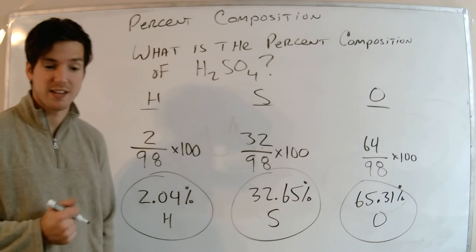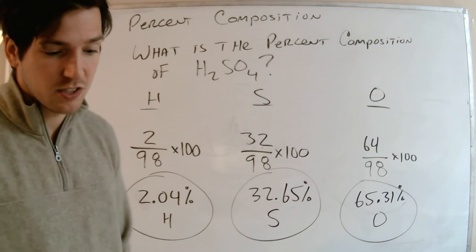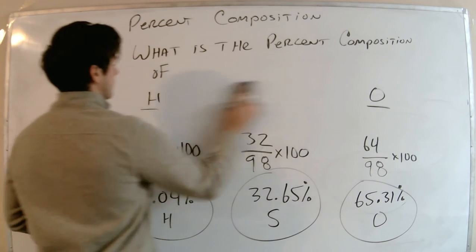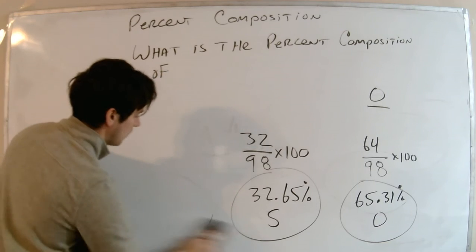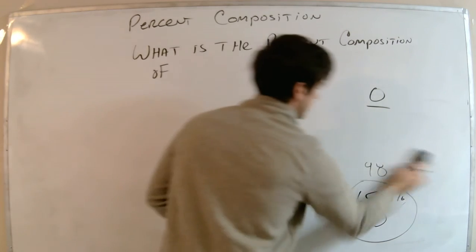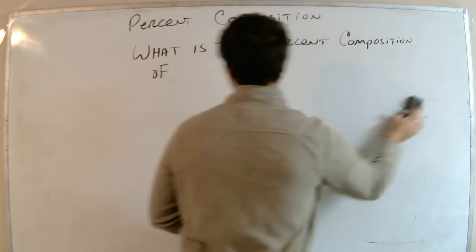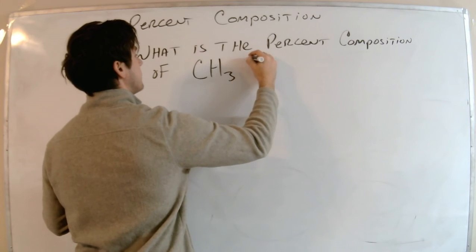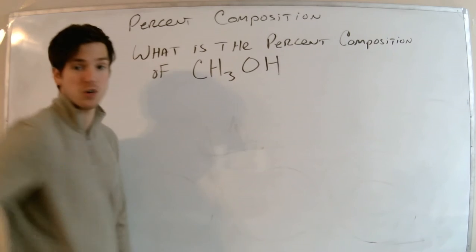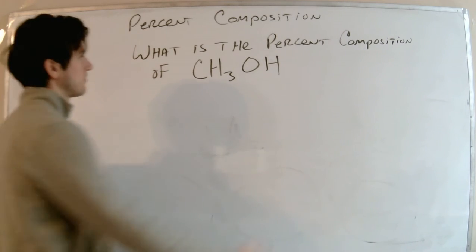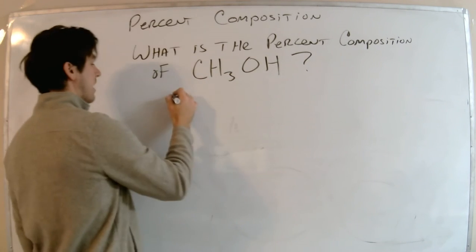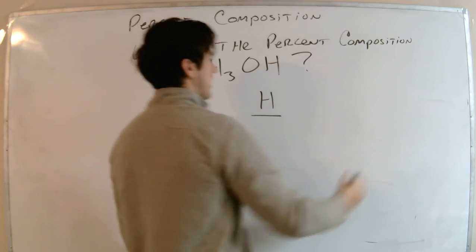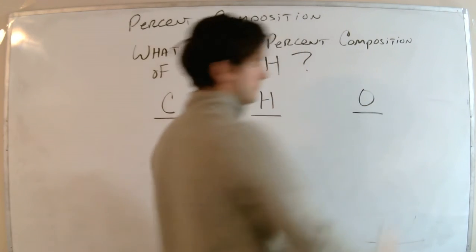So that's percent composition. Let's do one more and then I'm done, okay? What is the percent composition of CH3OH or methanol? So now I'm dealing with carbon, hydrogen, and oxygen.